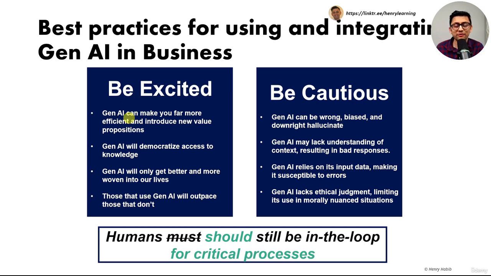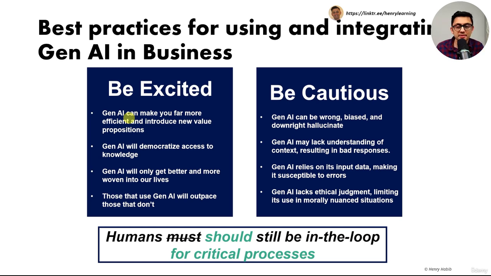Now it's available to everyone for a few cents and with a computer, which is awesome. Okay. It's also good to be excited because it is the accepted opinion that those that use Gen AI will outpace those that don't because it is such a revolutionary technology in terms of improving productivity.